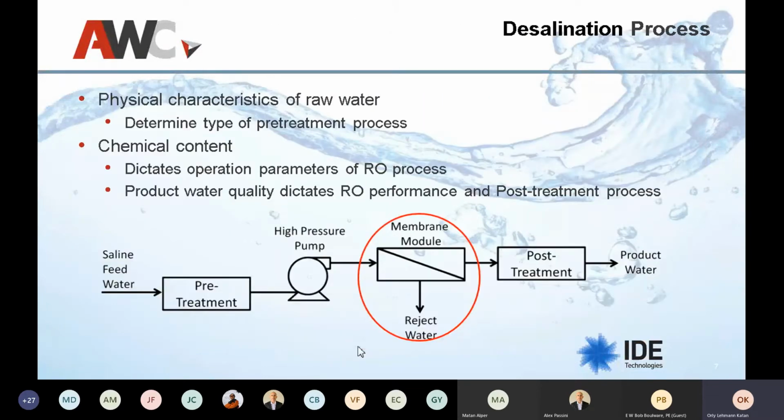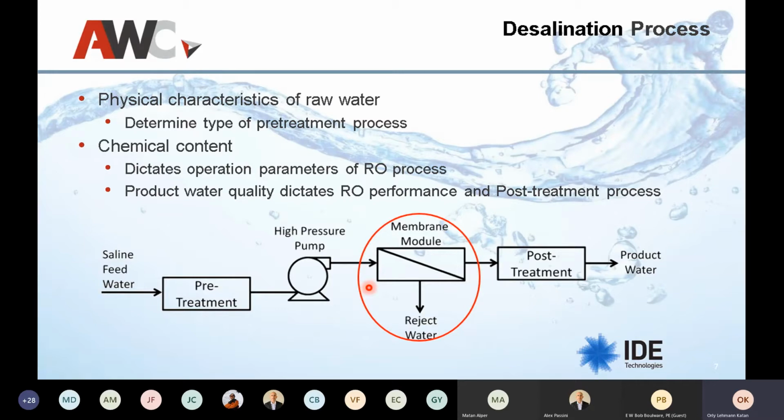Let's go into it. I'm going to be talking about the desalination process, and it's basically a membrane process for RO. We're not going to talk about it today, but the pre-treatment of the system is very important, and it will be characterized by the physical characteristics of the water, to make sure we have a smooth operation of the membrane system.